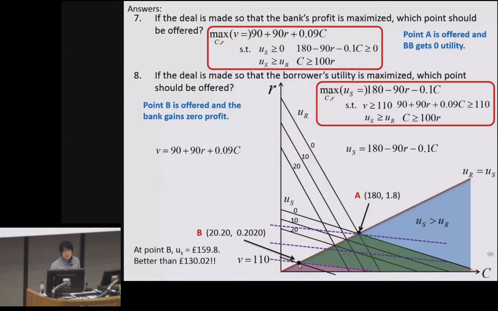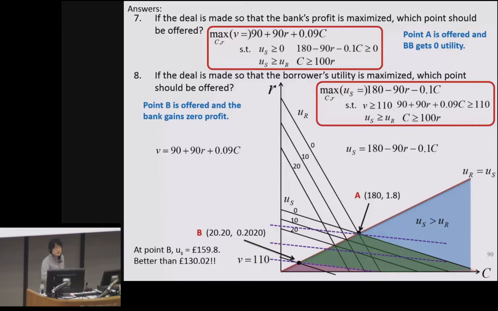If this point is offered by the bank, Brown Bakery's payoff is £159.8. If you remember, without the use of collateral, the bank charges a very high interest rate, 83.3%. Brown Bakery accepts that deal, and Brown Bakery selects the risky project.